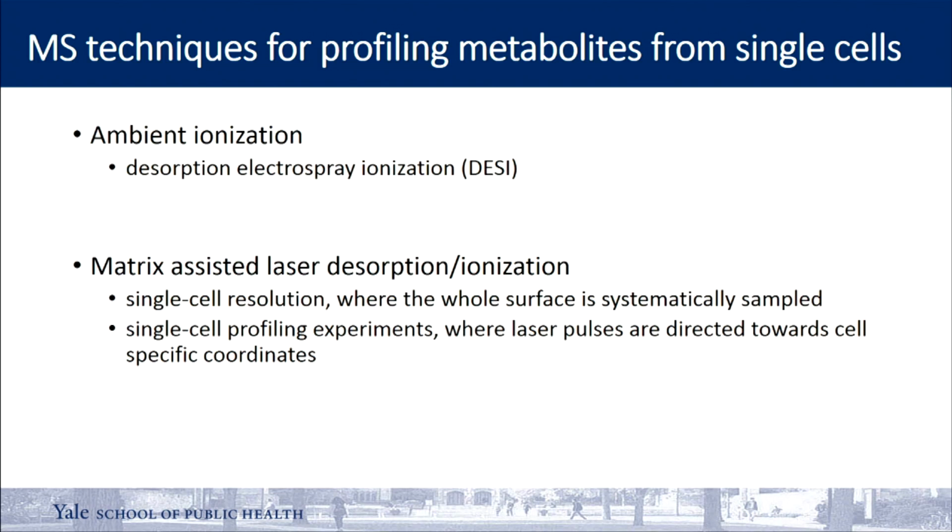And finally, we go to MALDI, which is matrix-assisted laser desorption ionization, where you can do single-cell resolution, where the whole surface is systematically sampled, or you can do a single-cell profiling experiment, where the laser pulses are directed towards cell-specific coordinates. And of course, you can really look at the cytosol, the mitochondria, which is really important, and also the nucleus. Are we there yet? No, we're not. Are we getting there? We hope yes.